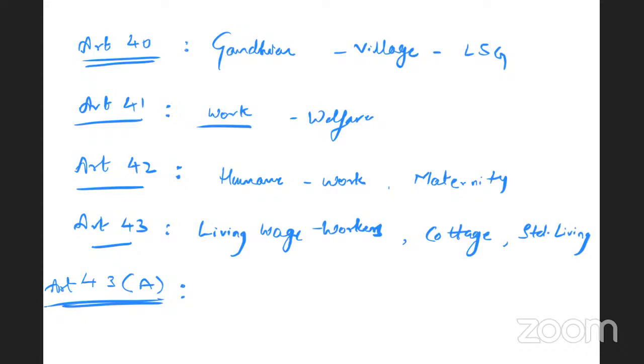Thus, this industrial strife can be lessened and harmony can be created by the implementation of Article 43A. It is a socialist idea. This Article 43A was included by the 42nd Constitutional Amendment Act of 1976.